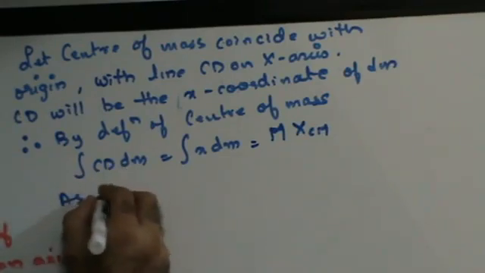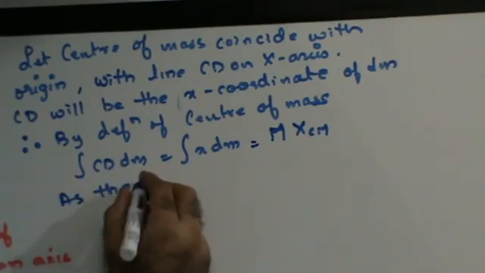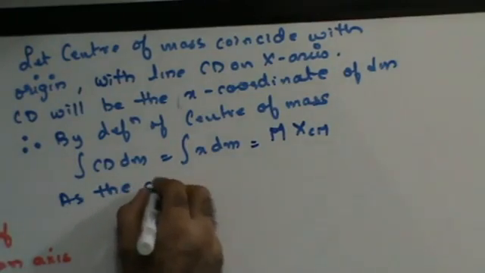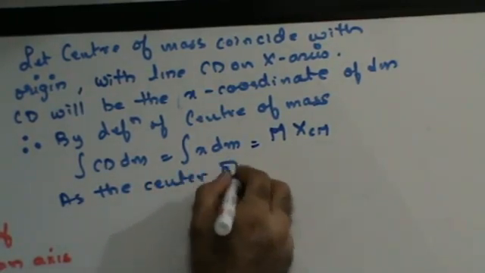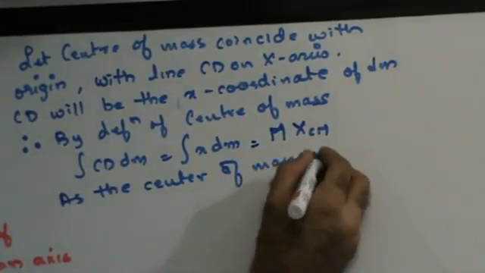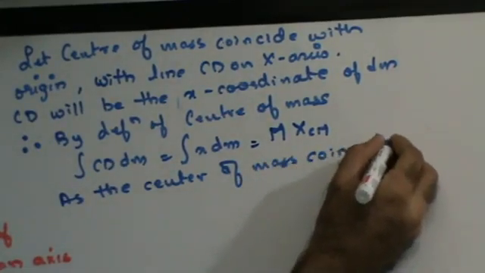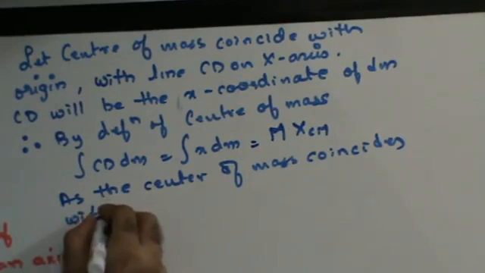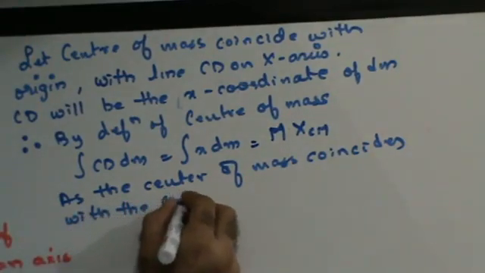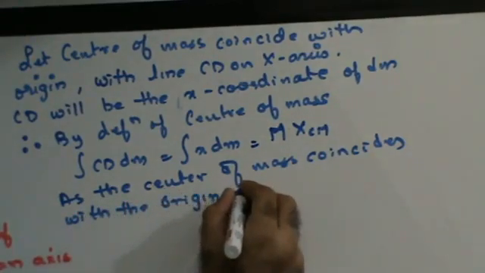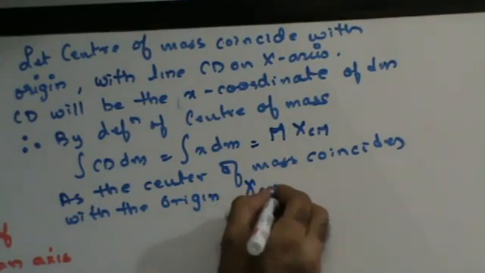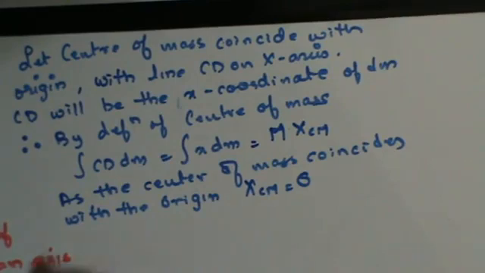Now as the center of mass coincides with the origin, the distance between C and M will be 0, that means xcm will be 0.